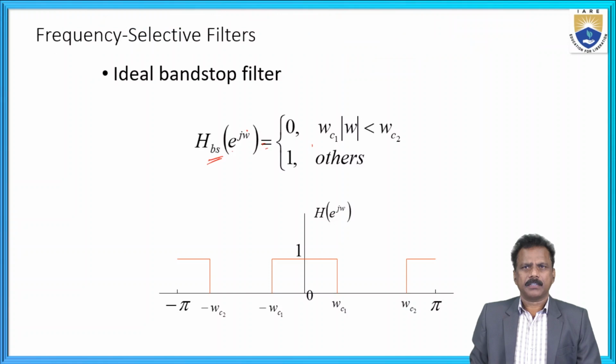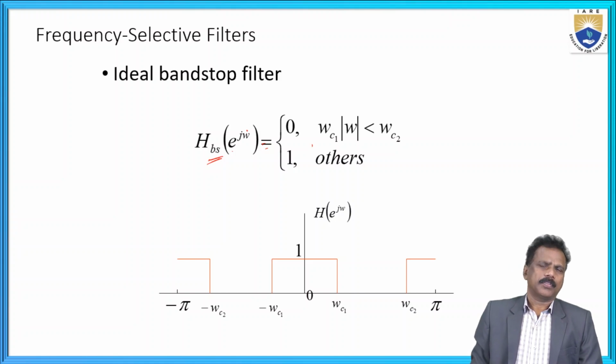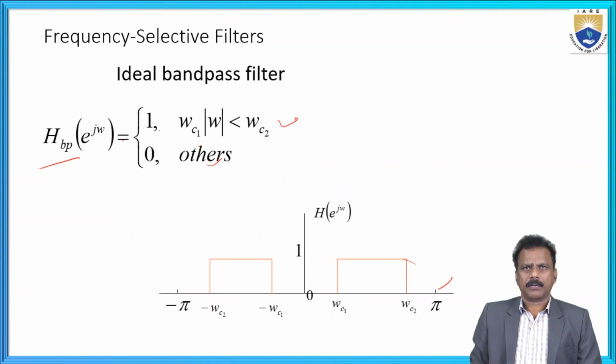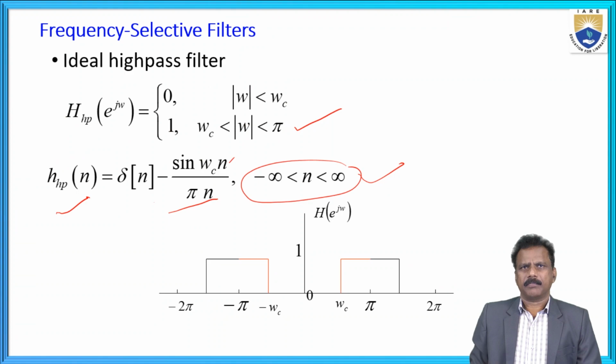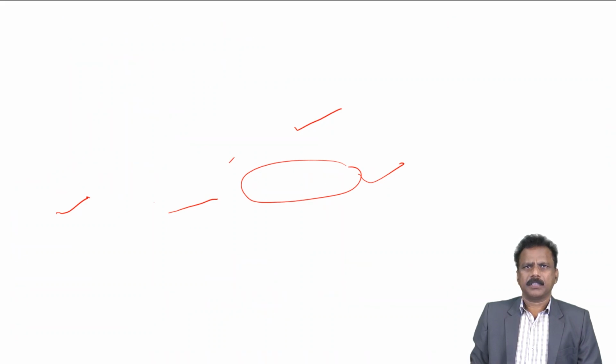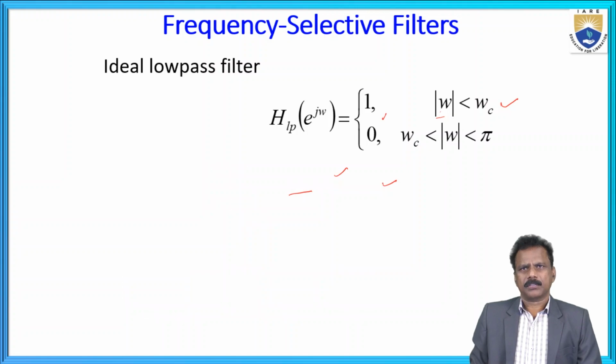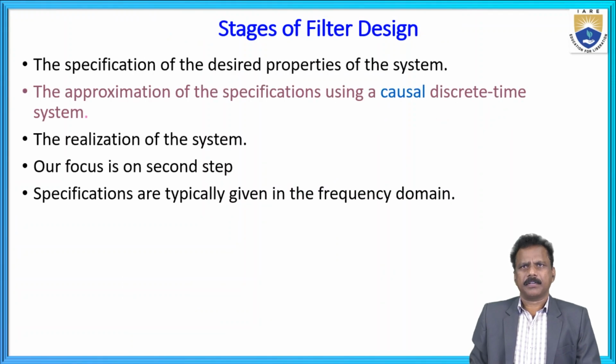Using these filters we try to design our digital filters. The digital filter will be designed with the help of the frequency selective filters. We can consider frequency selectors in terms of the ideal band pass filter, the ideal high pass filter, and the ideal low pass filter.